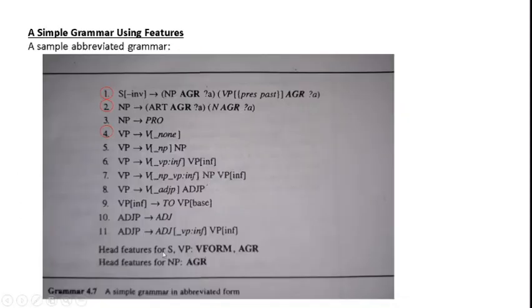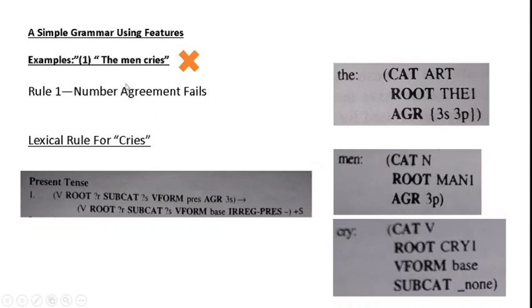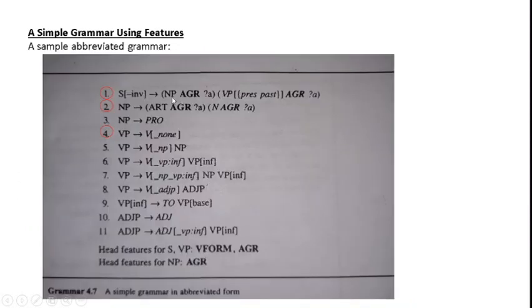So we will see which rules from this abbreviated grammar are required so that we can process that sentence. Okay, so the first rule is definitely required, because we are given a sentence, and the splitting of the sentence into subparts is given in this rule. That is, we have the men cries, so as per this rule, we have the men and cries.